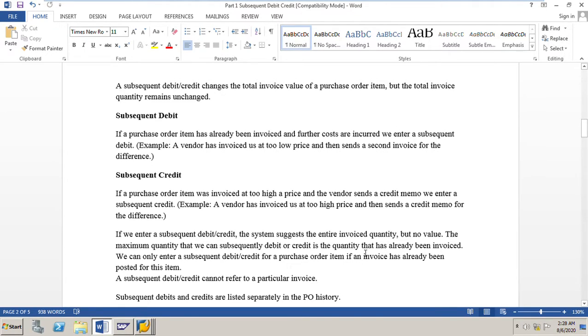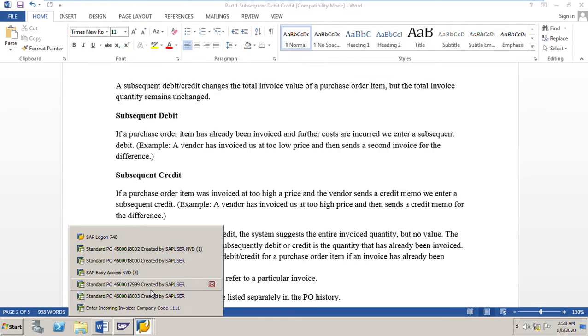And further, if we enter a subsequent debit or credit, the system suggests the entire invoice quantity but no value. For example, I will take you to SAP and let us see.